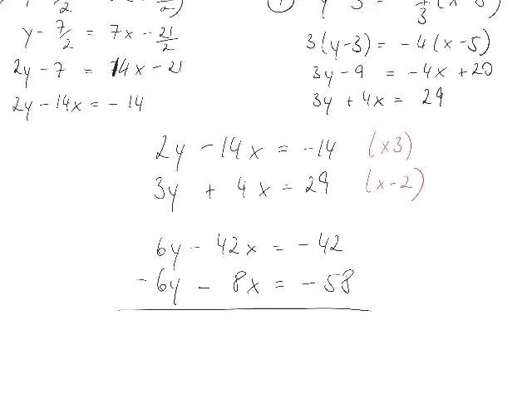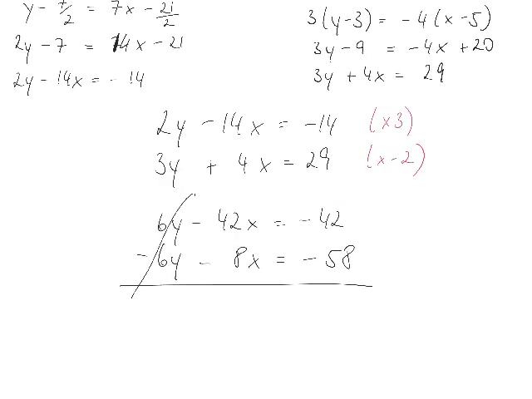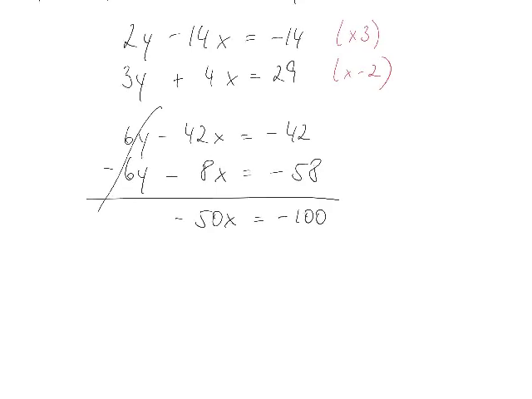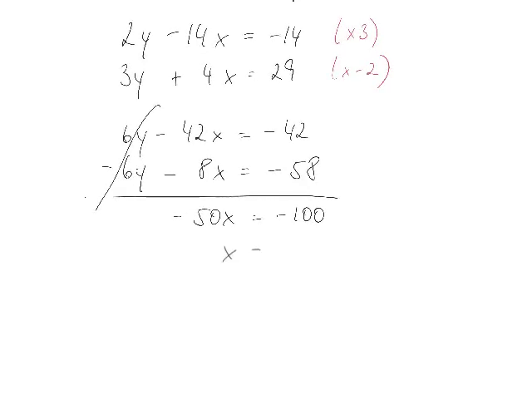I add the two together. I can cancel this. Minus 42x minus 8x is minus 50x. Minus 42 minus 58 is minus 100. I divide by minus 50. x is minus 100 divided by minus 50, which is 2.